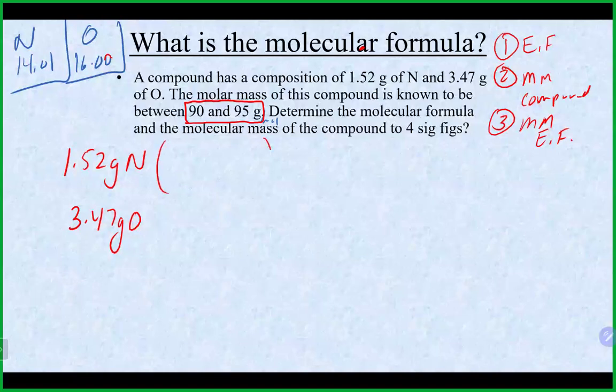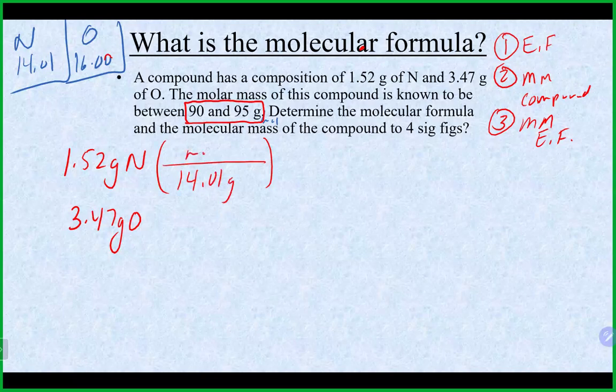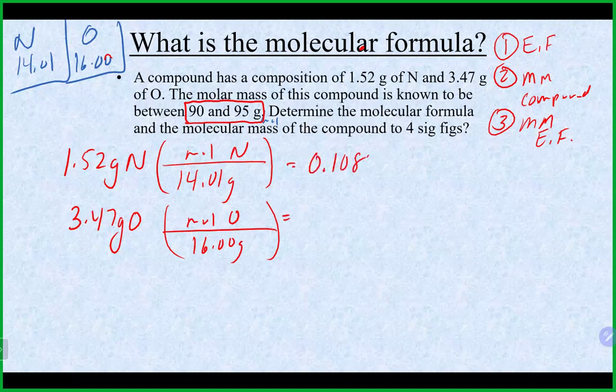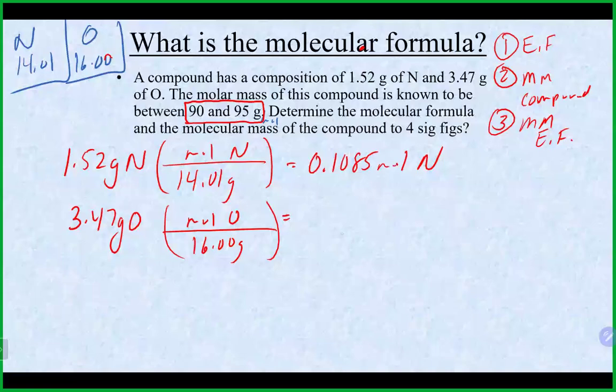We will then use the molar mass from the periodic table to convert them into moles. 14.01 for our nitrogen, 16 for our oxygen. And that will give us 0.1085 moles of nitrogen.